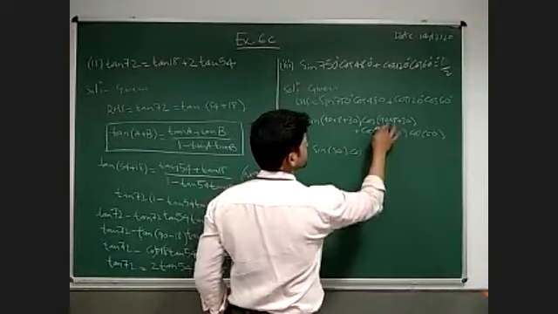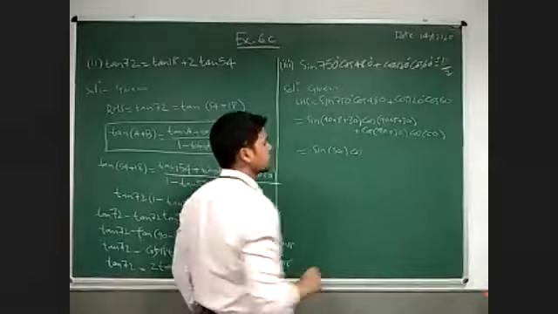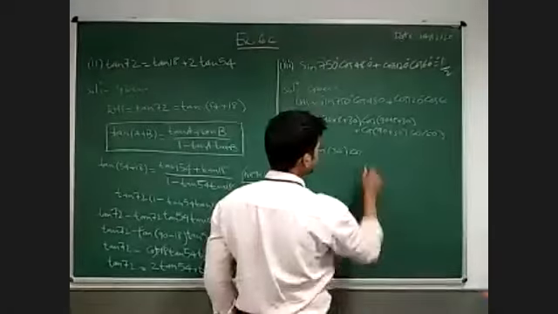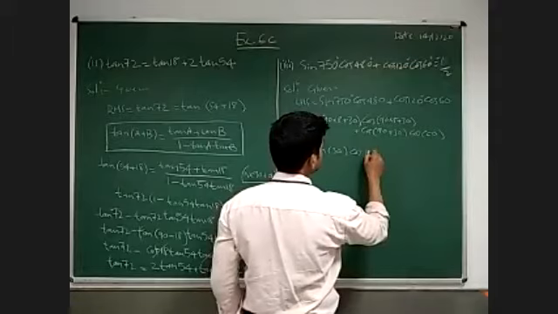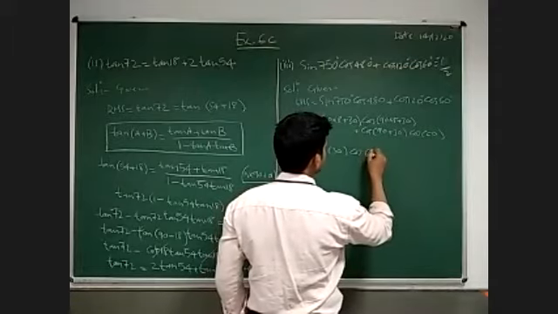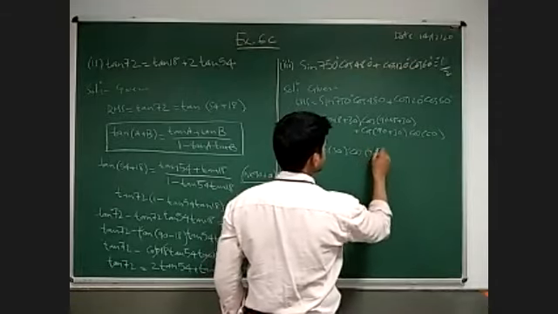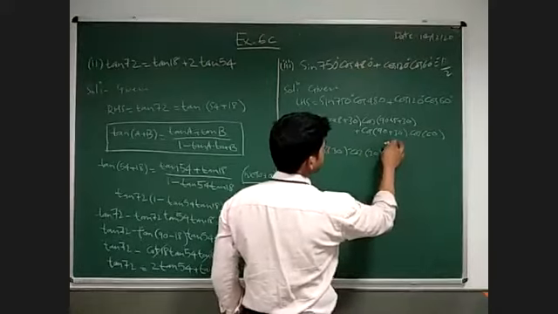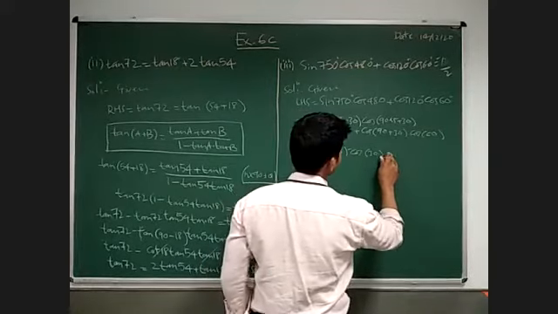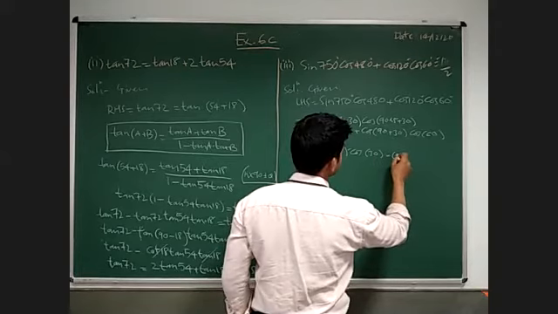Here this is in the second quadrant, so it will be minus, and cos will be minus in the second quadrant, so this is also a minus.